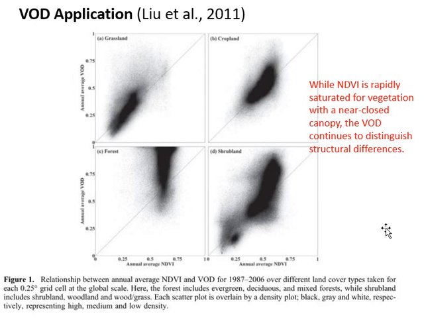The annual averages of VOD and NDVI during 1987 to 2006 were plotted against each other based on their land cover types. It can be said that the spatial distribution of VOD and NDVI is highly correlated over grassland and cropland.